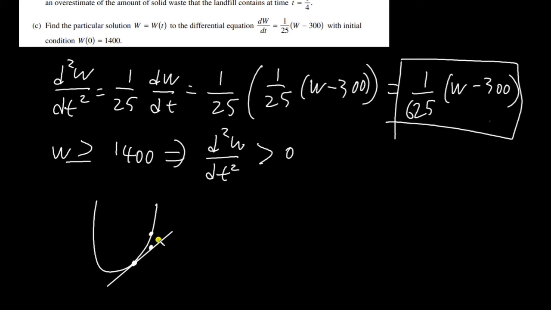So whatever we did in part A, that's an underestimate. So you can write this out in your actual answer. You'd say part A approximation is an underestimate because the second derivative is greater than 0 for t between 0 and 1/4. Okay? That was part B. So there's 2 points. 1 point for the correct value of the second derivative, and 1 point for the correct explanation that it's an underestimate.